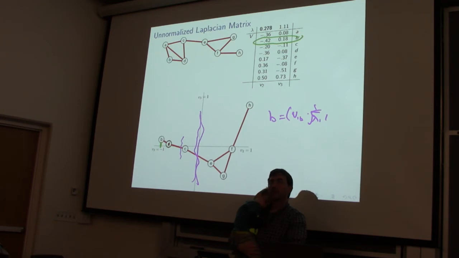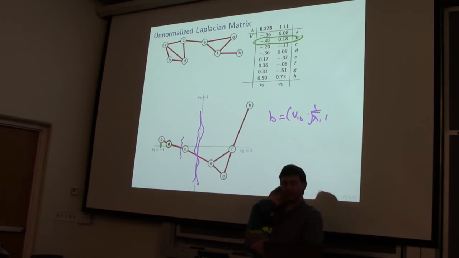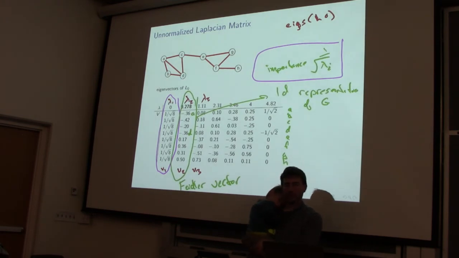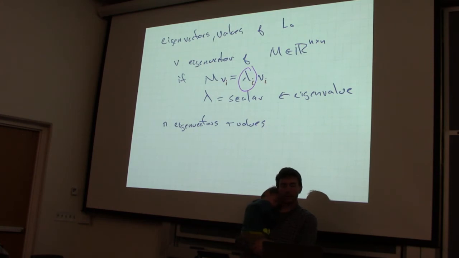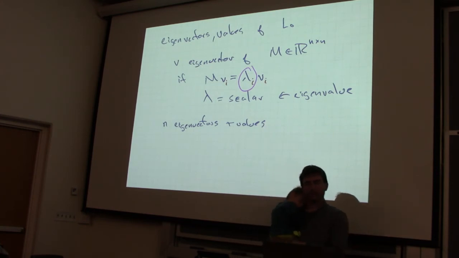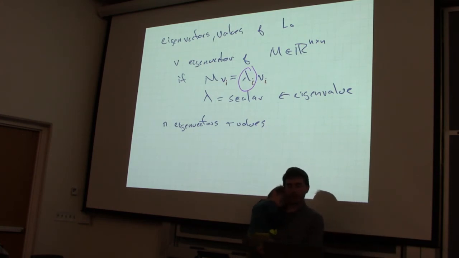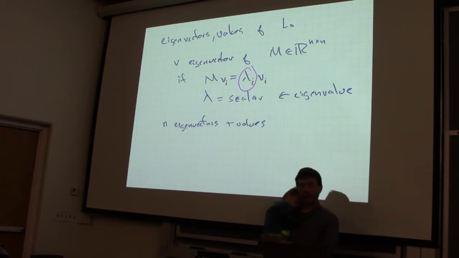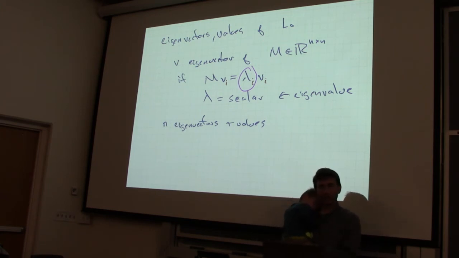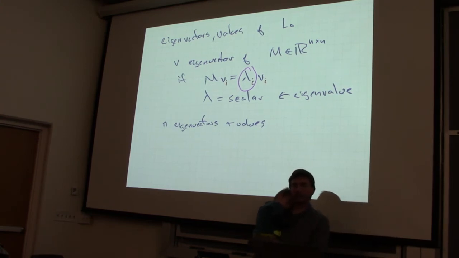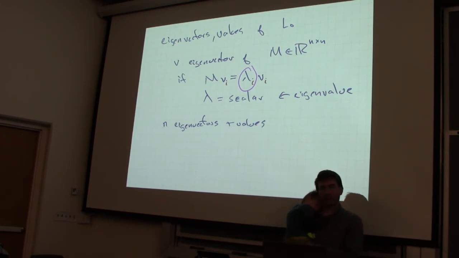Yep. What kind of values would the V going into the eigenvector be? The V, if you go back one slide. Yep. V lambda V_i. What kind of values is V_i going to be? Right, so V_i is going to be an n-dimensional vector, because I have to multiply it by an n matrix M, and only an n-dimensional vector is a legal operation.